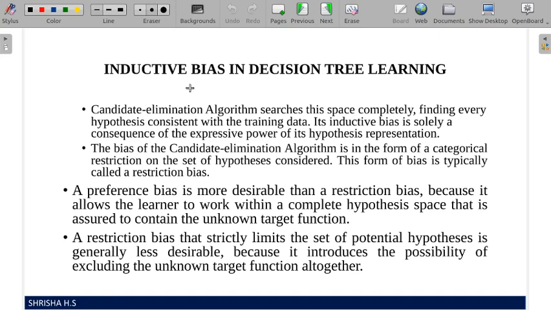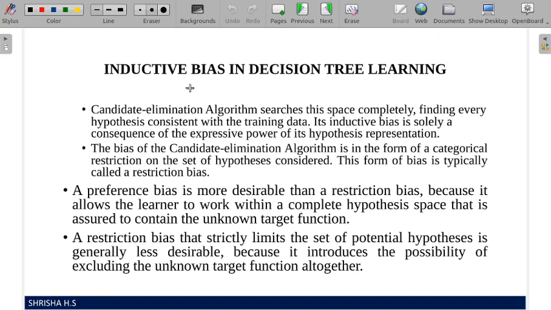The inductive bias is solely a consequence of the expressive power of its hypothesis representation, which depends on the general and specific boundaries.